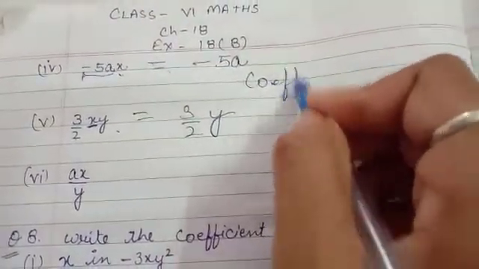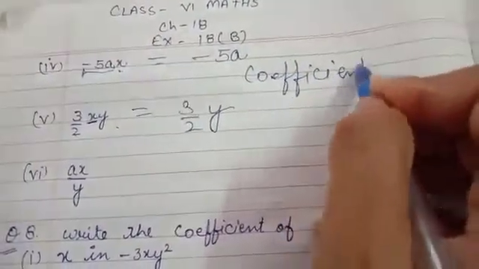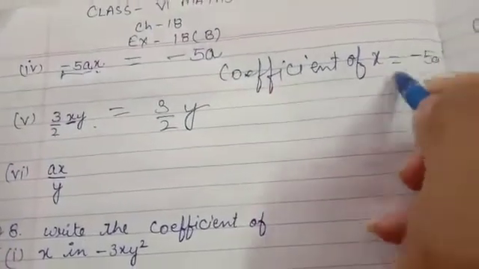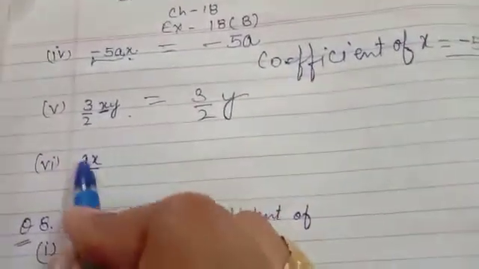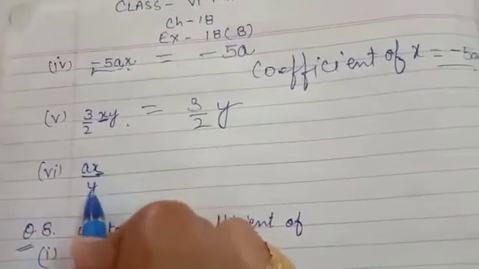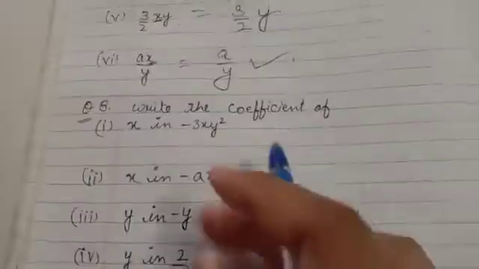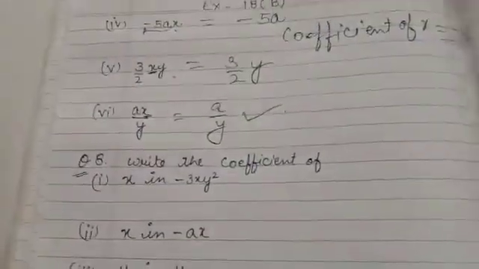Coefficient of x is minus 5. Here the coefficient of x is a over y. Right? And I think this is question number 7. Yeah, all parts are done.